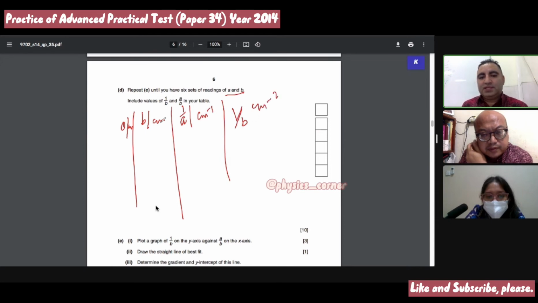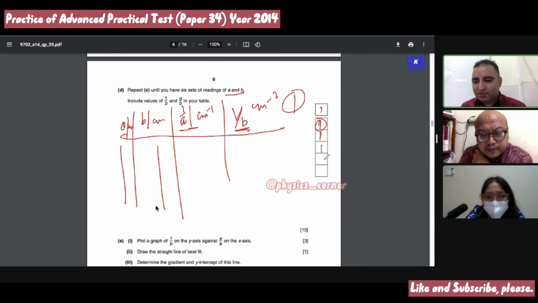So this heading is 1 mark. And if they have the complete set of data, that will be another 1 mark. If they have calculated this correctly, that will be 1 mark. Then significant figures will be 1 mark. They have different marks, and if you look at the marking scheme, they tell you clearly already.